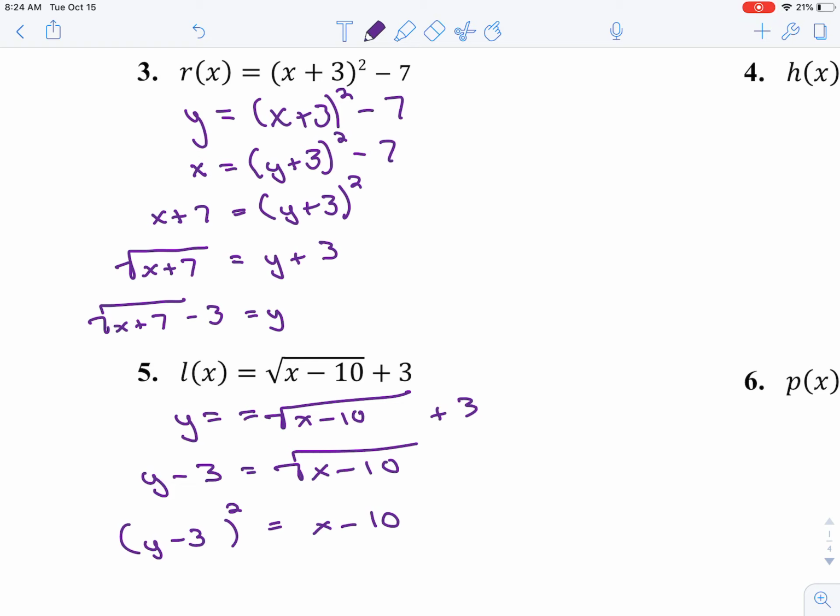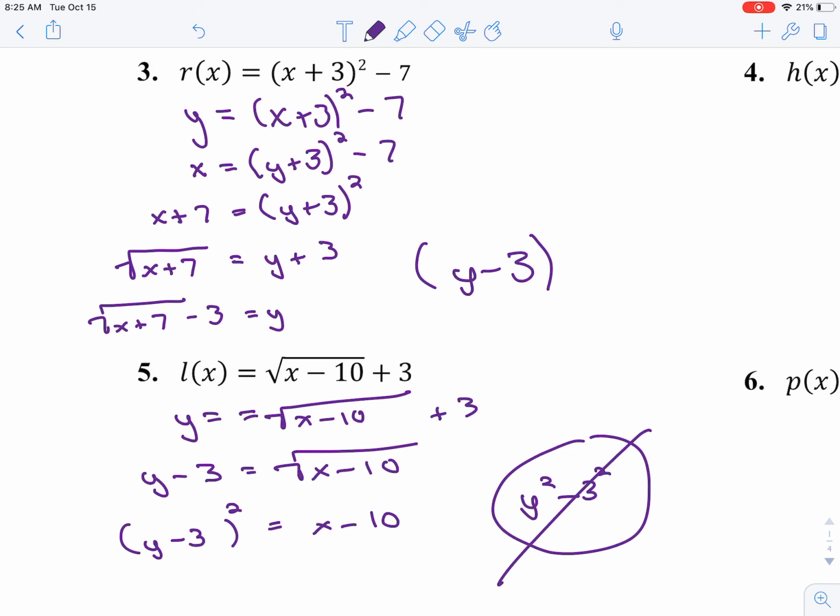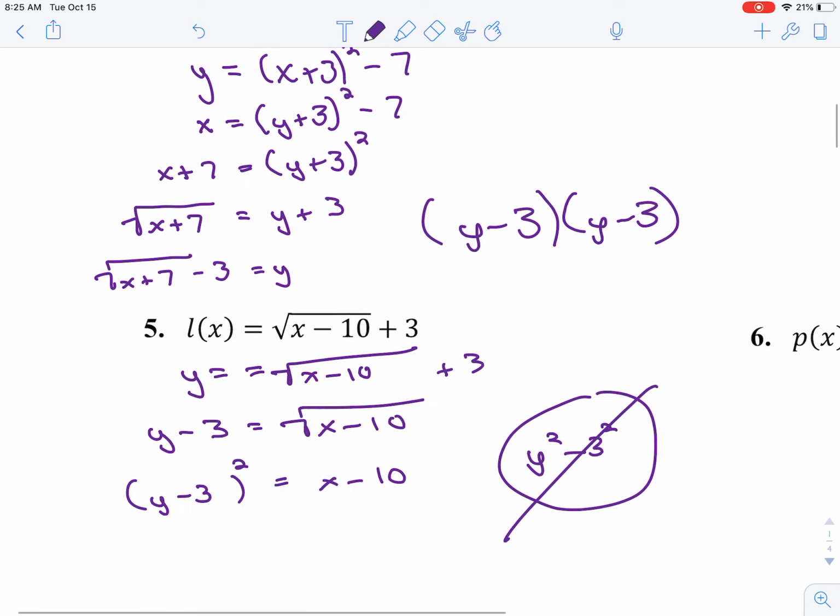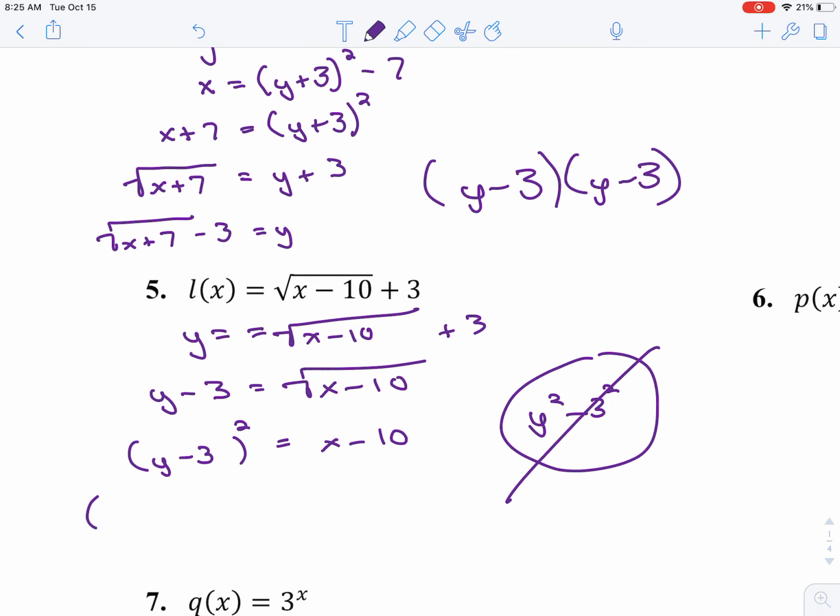Okay, remember at this point, do not do this, okay? This does not make any sense, because remember y minus 3 squared is that, and that'll actually become important later. All right, and then from here, we are going to add 10. So we're going to have y minus 3 squared plus 10 is equal to, oh, I forgot to switch x and y, but that actually serves as a good example.